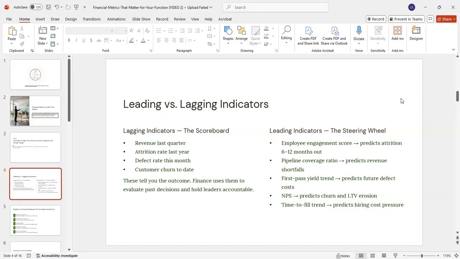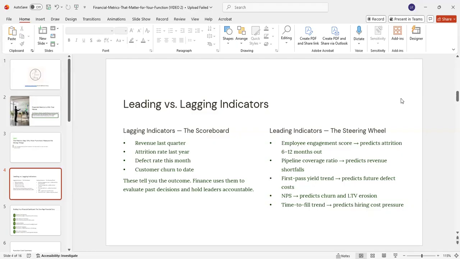So for instance, if you want to predict attrition, you might want to look at employee engagement scores because they might help predict attrition 6 to 12 months out. Or if you're looking at pipeline coverage, that is the amount of opportunities you have in place relative to the revenue targets you have set.